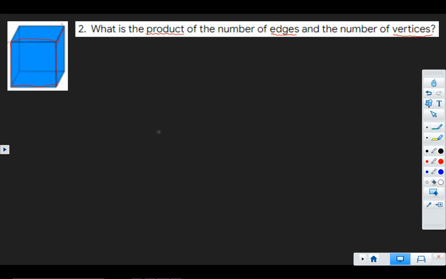If we go through counting those, we should see that we have on our cube 12. And if we're after our vertices, then these are our corners. Find that we have 8. Product means to multiply, so our answer is 12 times 8, which is 96.